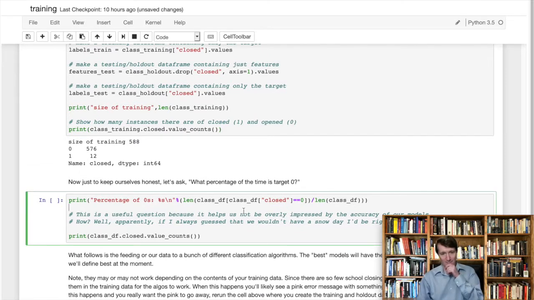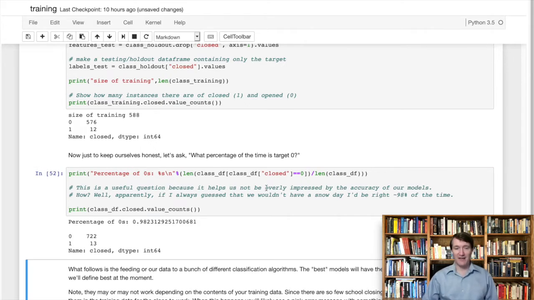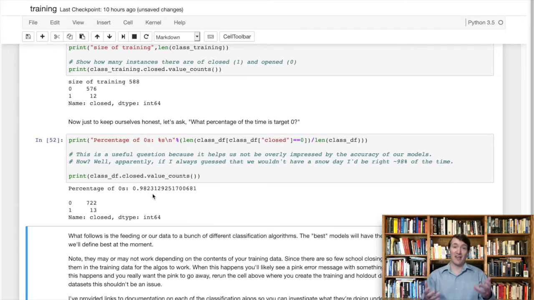Right, so remember, we keep talking about keeping ourselves honest. And we keep using this example. We say, well, you could be 98% accurate by just saying school is open. That could be your model, right? It could be 98% accurate and school is open. So this sort of keeps us honest. This goes back to the percentage overall.